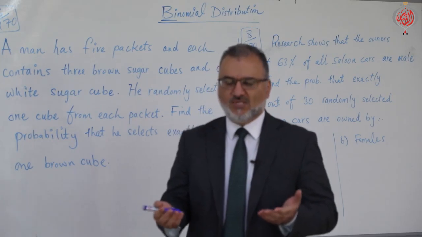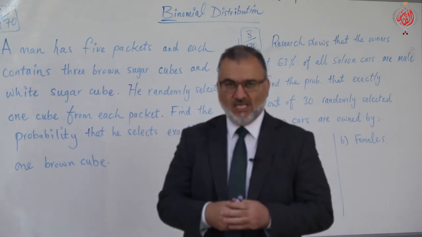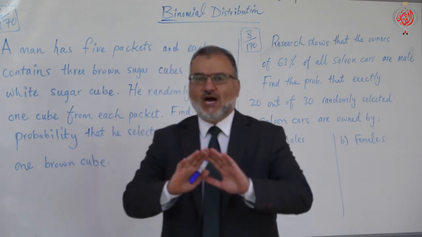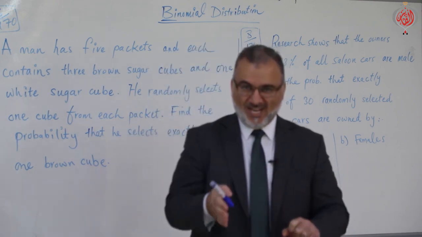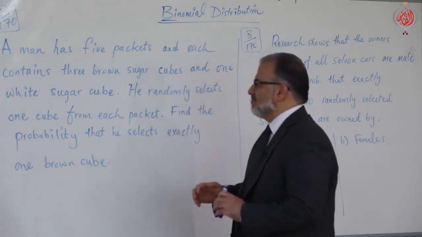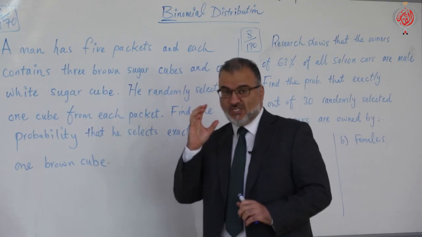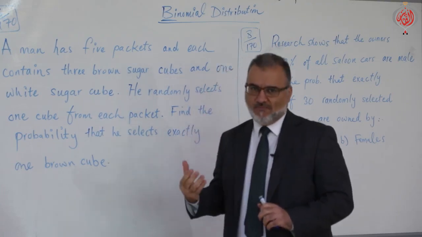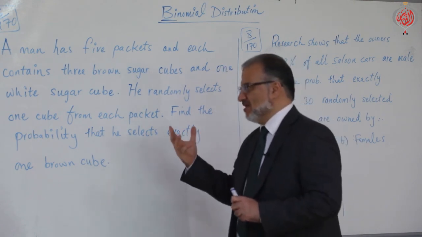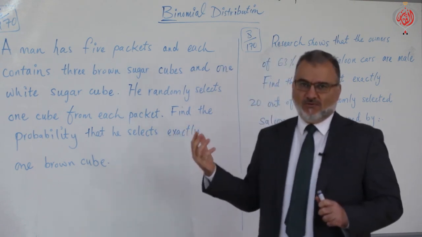The third or fourth condition: the probability of success and probability of failure are constant always, from one trial to another. Exactly. So these conditions, you always have to recall them once you are solving questions about probability, because maybe we are dealing with a binomial distribution.